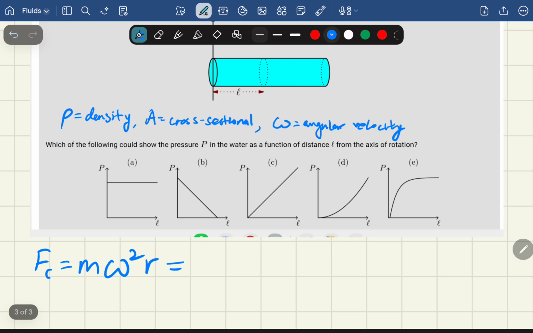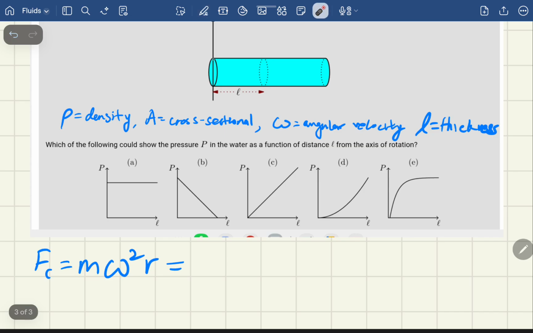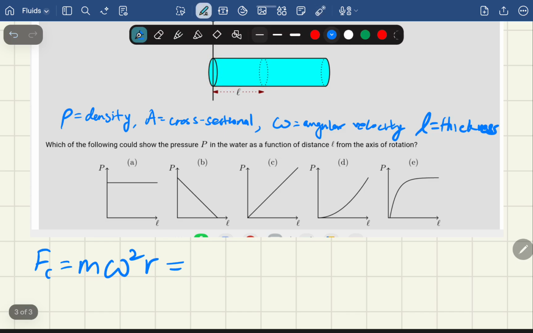So if we take a volume with thickness L, for example, if we take this chunk, this volume right here, this cylinder, that is going to have a mass of rho times A times L, and then omega squared, and then the distance, in this case the radius.